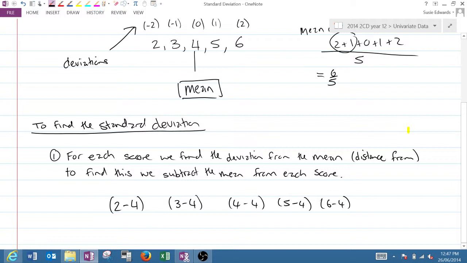Okay, what did I say we do to make them positive numbers? Times them by themselves. So we then square each number. This makes them positive.